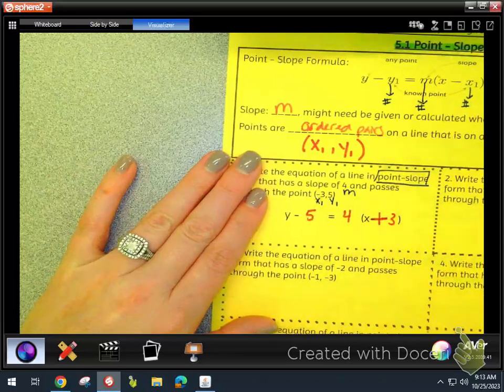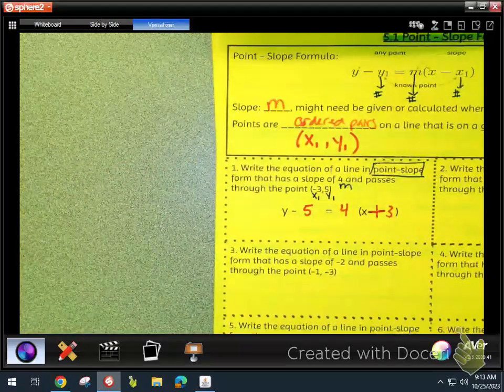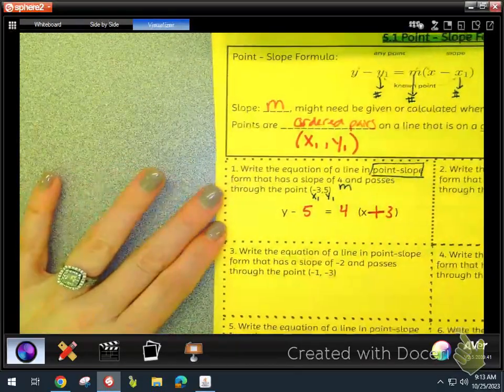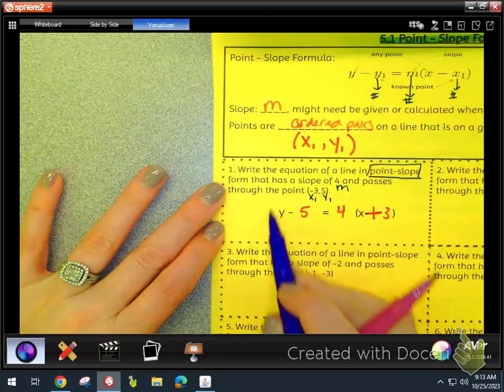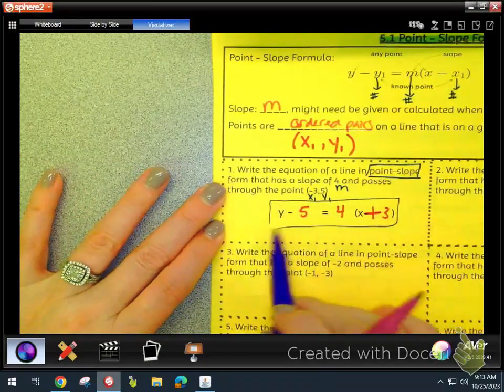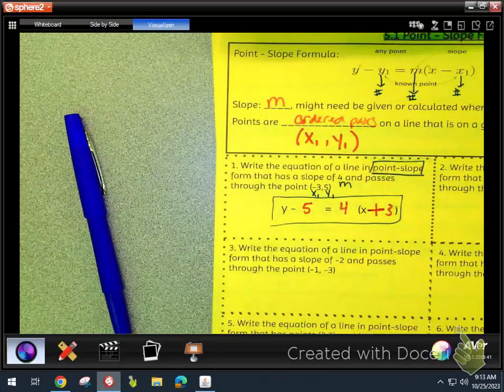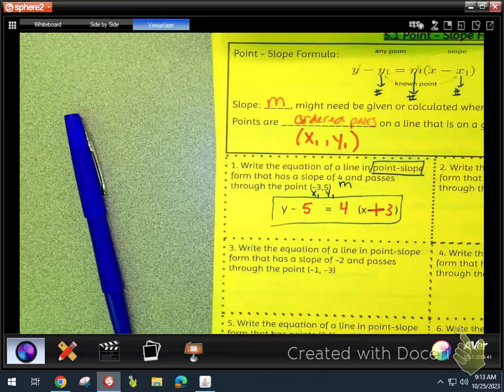Just make that a big plus. And I am done. This is my answer. This is my point slope form. And that's where we're going to stop today. So I do want you to make sure if you write minus negative, we need to know to clean that up and make that a plus.